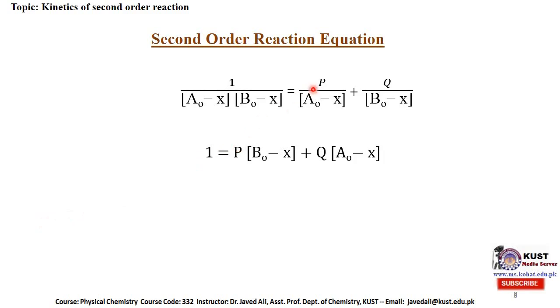To find out the p and q values, we can rearrange this equation by multiplying (a naught minus x) and (b naught minus x) with both sides. So on the left side, a naught minus x and b naught minus x will cancel, leaving 1. On this side, the (a naught minus x) will cancel with a naught minus x, and the remaining term will be p times (b naught minus x).